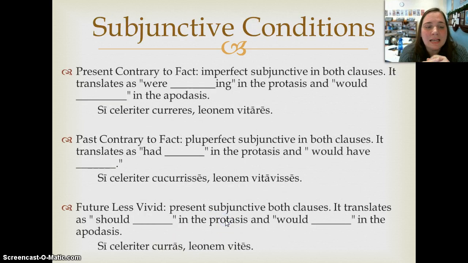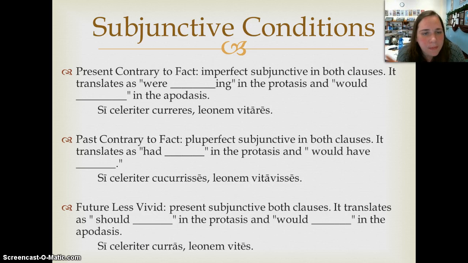Now, that leads us to our subjunctive conditions. These are conditions that are not happening, but they could. They're more potential than actual fact. So we have the present contrary to fact, which uses the imperfect subjunctive in both clauses. It translates as were blanking in the protasis and would blank in the apodosis.